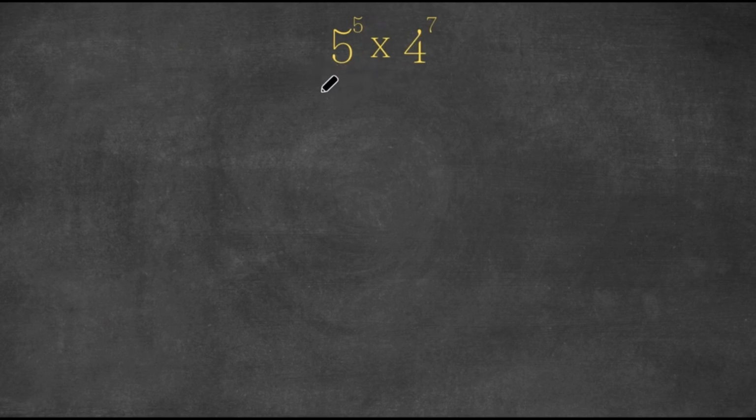So what I'm first going to do is rewrite this as 5 to the power of 5 times 4 to the power of 5 plus 2.